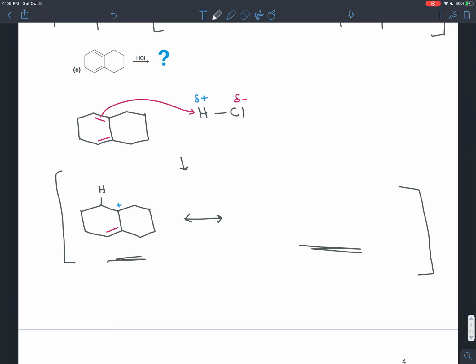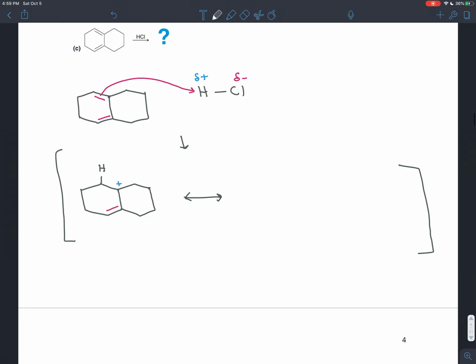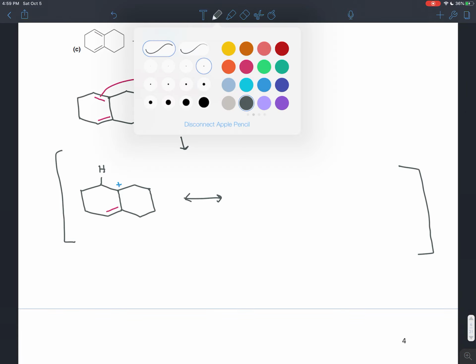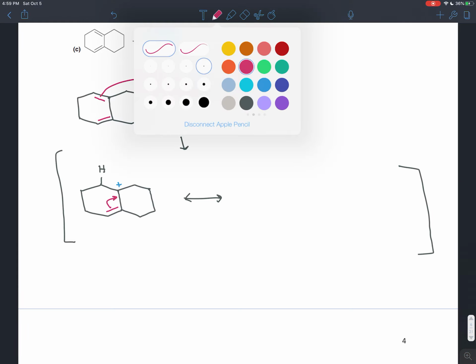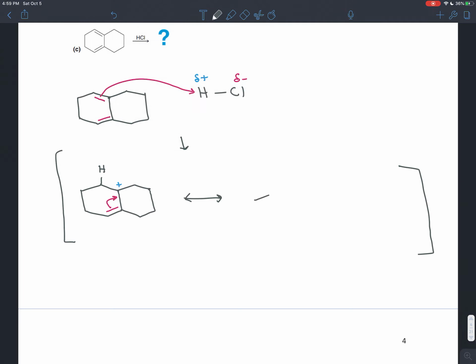That special resonance arrow is not telling you that this is turning into that, and that's turning into this. That would be an equilibrium arrow, which is a very different thing. This arrow is telling you the true structure is only ever the average, and neither of these structures ever exists. So, to predict the other resonance structure, the pi electrons go toward the positive charge.